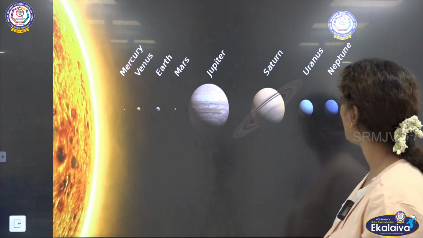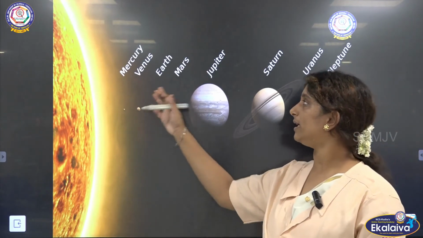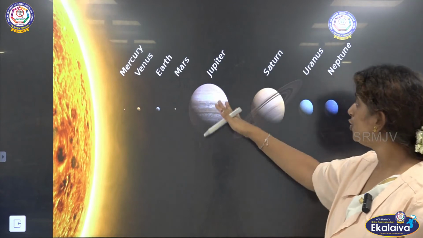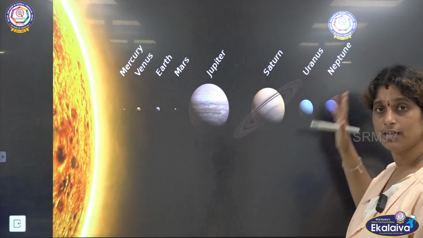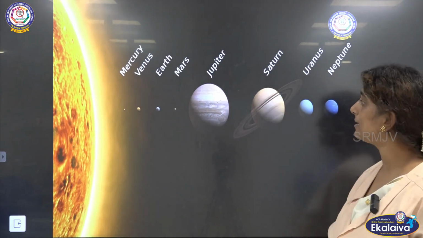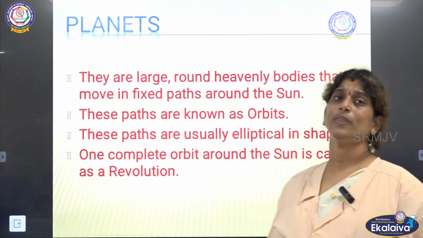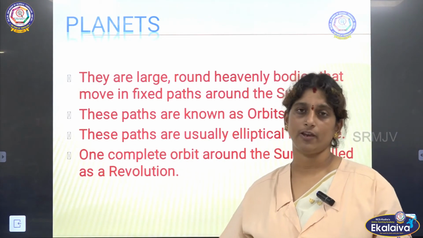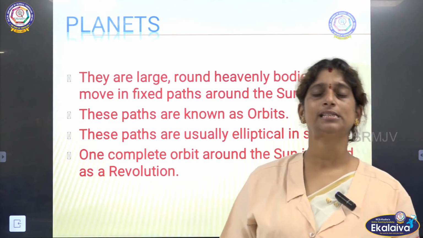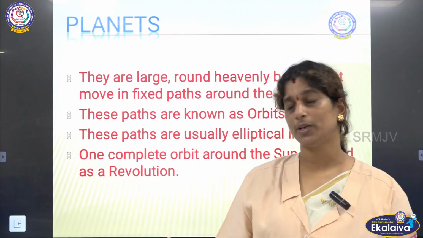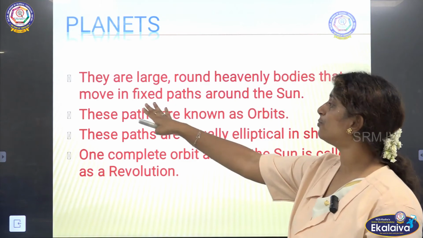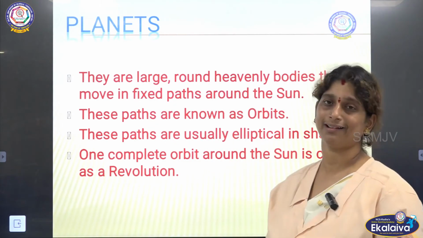We know we have 8 planets: Mercury, Venus, Earth, Mars, Jupiter, Saturn, Uranus and Neptune. So, let us see about that. As we know, they are large heavenly or celestial bodies, usually round in shape, and they move in a fixed path around the sun.